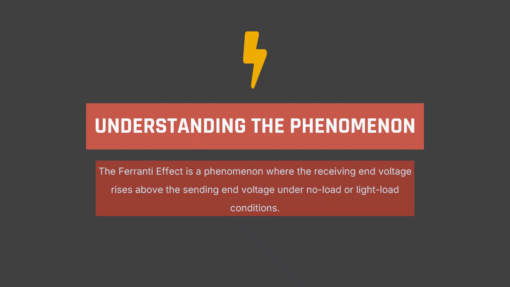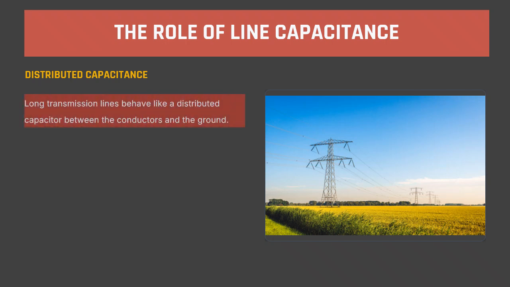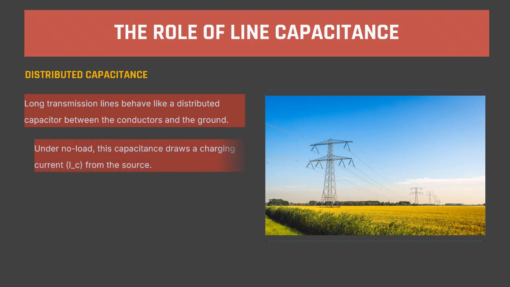The role of line capacitance. The core physics behind this effect lies in the inherent characteristics of long transmission lines. Because of their length, these lines act as large, distributed capacitors between the conductors and the ground. Under light load conditions, the line's capacitance draws a significant charging current, which we call I_C.